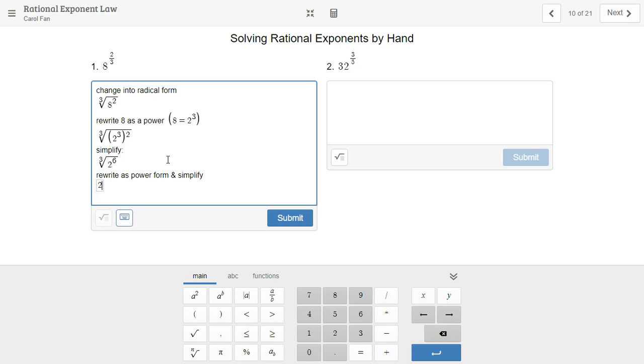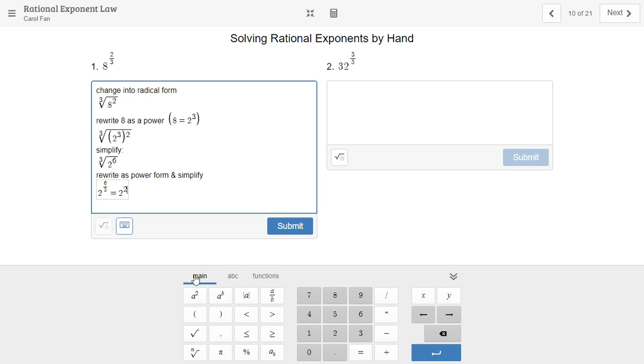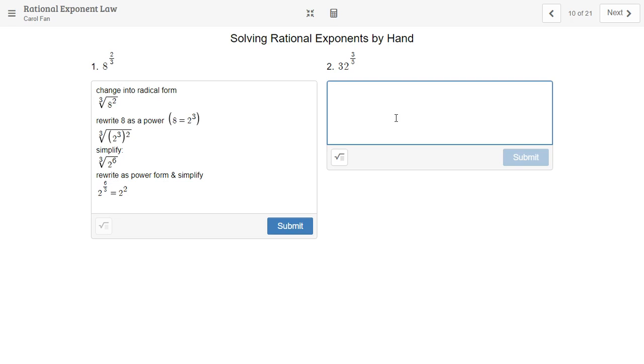So we have 2 to the power of 6 divided by 3, and that's equal to 2 to the power of 2. So our final answer, 2 to the power of 2. Let's do the same thing for this question.